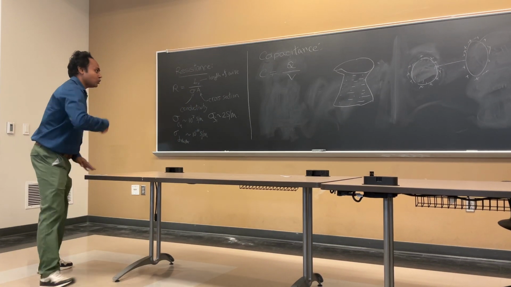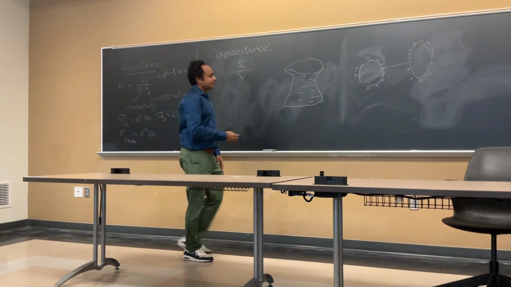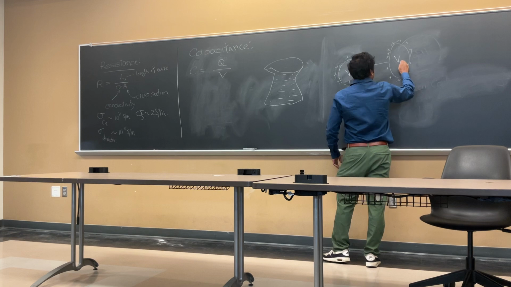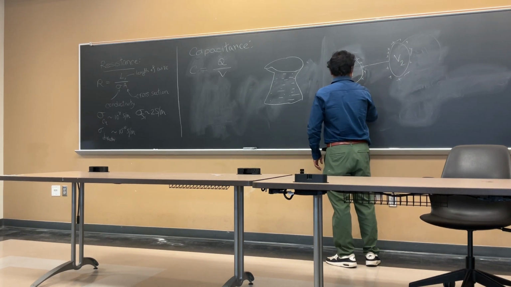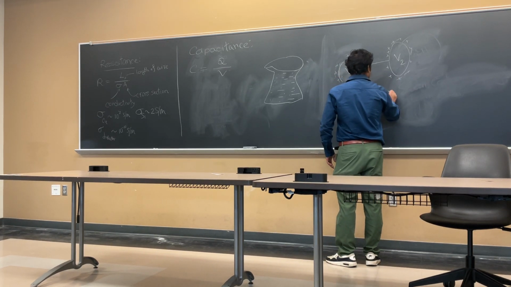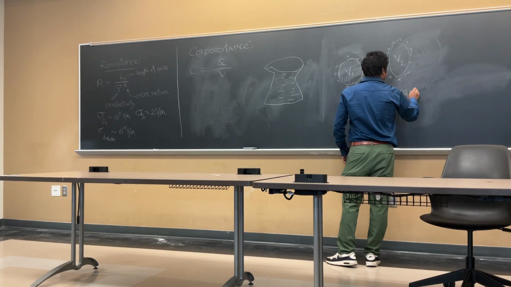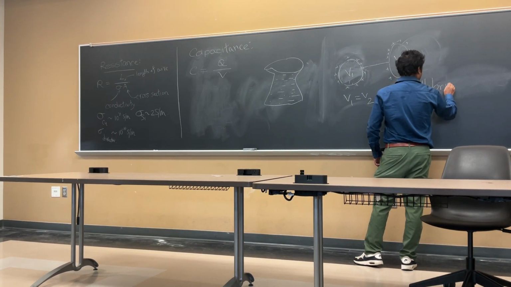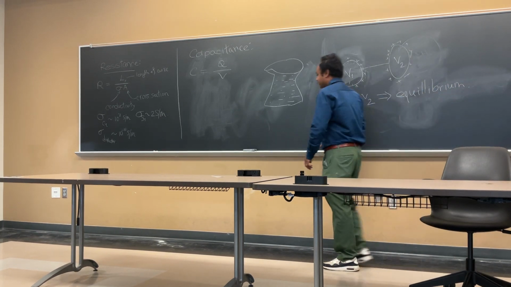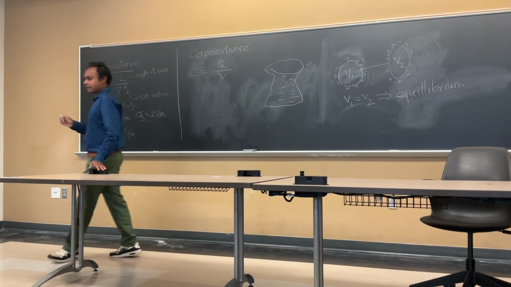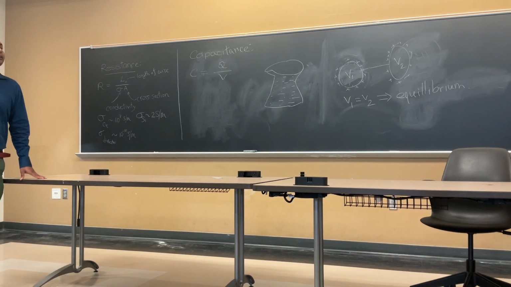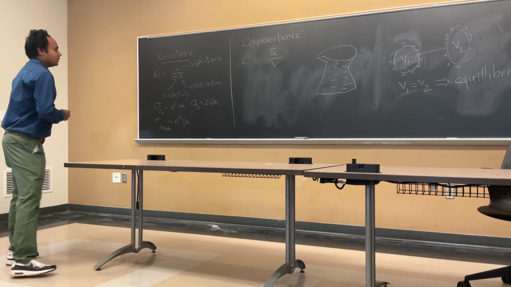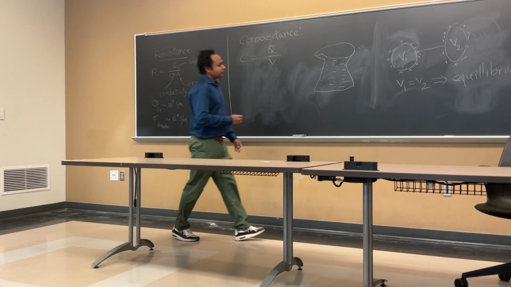When there is no more charge transfer, we can say that voltage V1 and voltage V2 have become equal, when they reach an equilibrium. Alright? So charge transfer keeps going on until they have the same voltage.